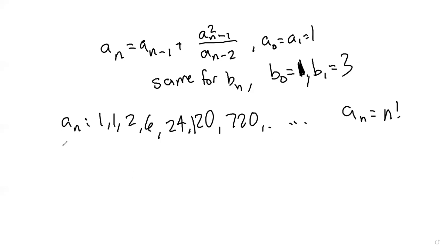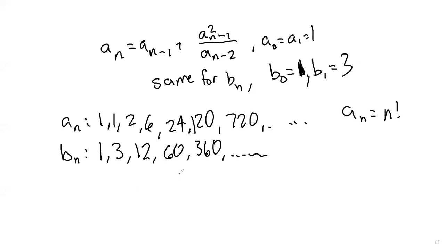But okay, what about the B terms? What are the first few terms of this? We have 1, 3, 12, 60, 360. Can anybody find a pattern with this?